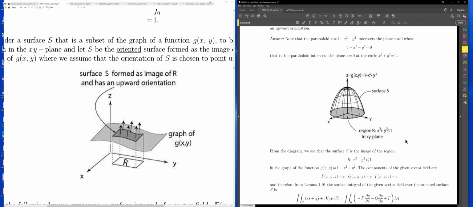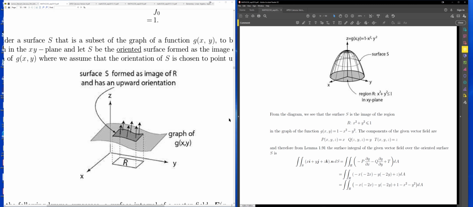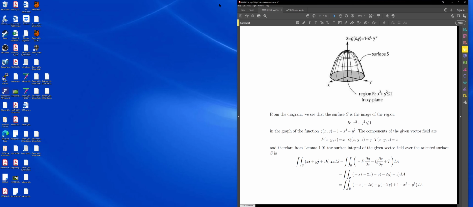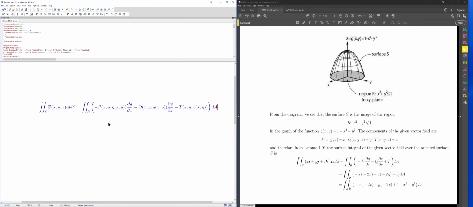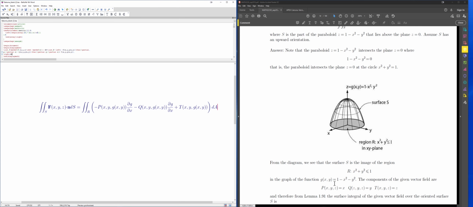Now I use my formula for the surface integral of the vector field, with the minus P, the minus Q, and the T over here. Part of this formula is that we need dg/dx and dg/dy.